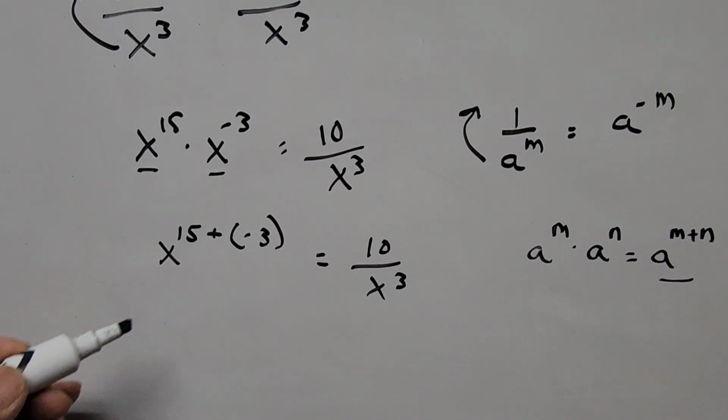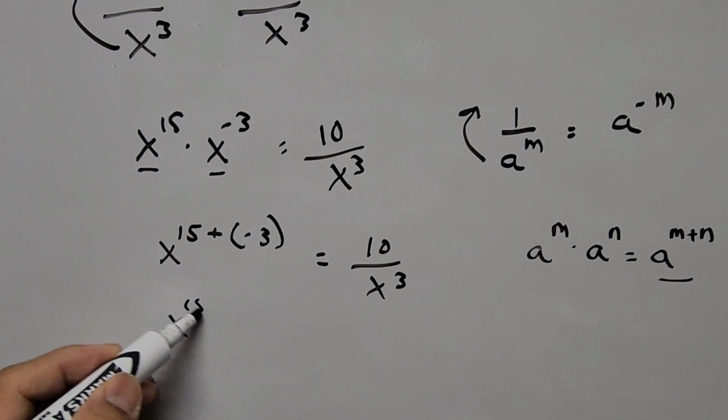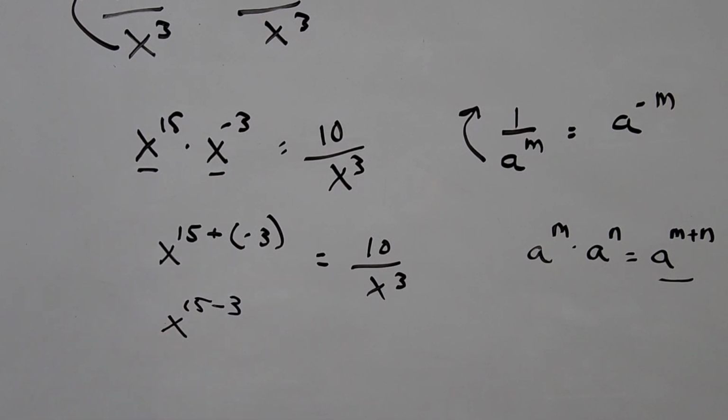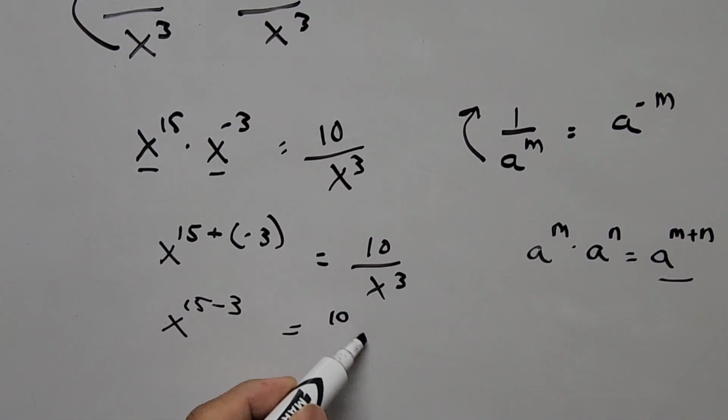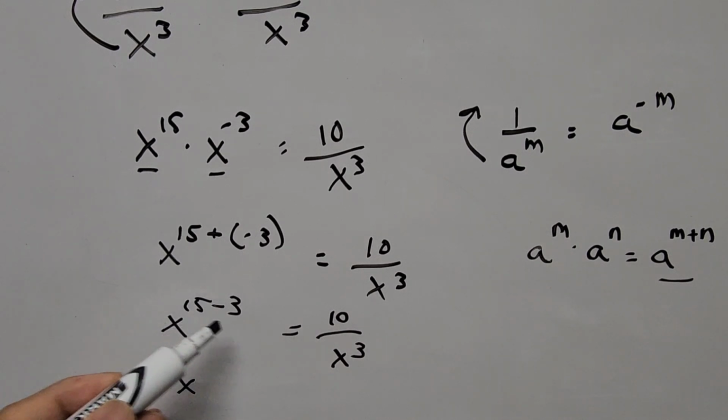Alright, so from here on our equation, x to the 15 is now plus negative 3, that is 15 minus 3, equal to 10 divided by x cubed. And simplify this further. So this is now x to the power 15 minus 3, which is 12.